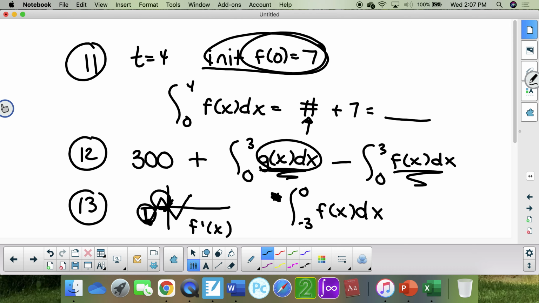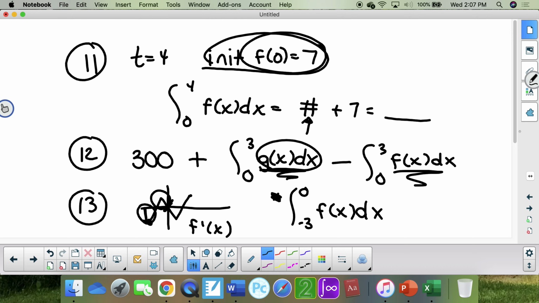This is going to be a negative area, this is going to be a positive area. Smaller number first, bigger number on top, that's fine. Smaller number's always on the bottom, bigger number's on the top. So remember that you can always rely on geometry to find the area if they don't give you an equation, and we learned how to do area.